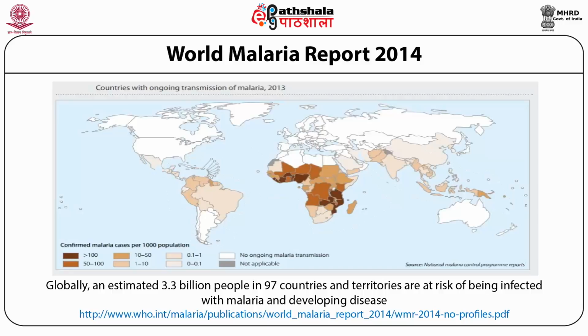All 6 WHO regions, which include African, American, Eastern Mediterranean, European, Southeast Asia and Western Pacific, have reported malaria transmission. The Southeast Asia region is the second most malaria affected region in the world, while the Indian subcontinent in the Southeast Asian region has the highest malaria burden, followed by Indonesia and Myanmar.